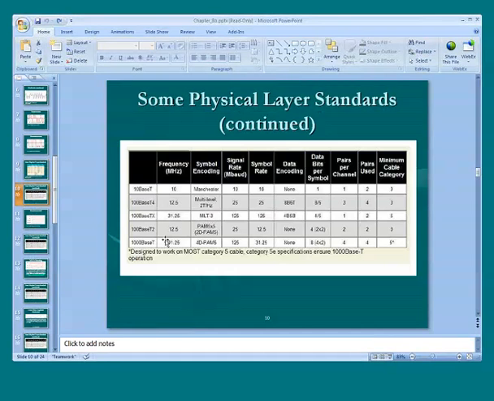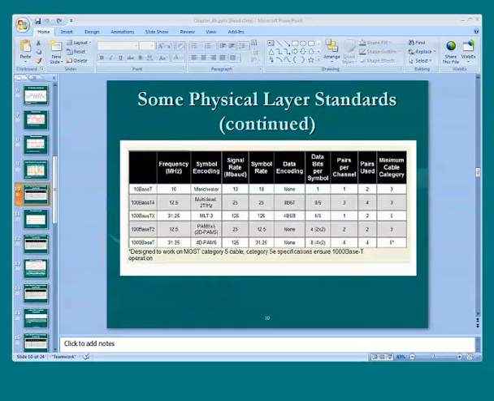All right, let's take a closer look at the 10BaseT standard. It requires a 10 megahertz frequency, and it uses the Manchester encoding scheme. Let's take a look at the Manchester encoding scheme.